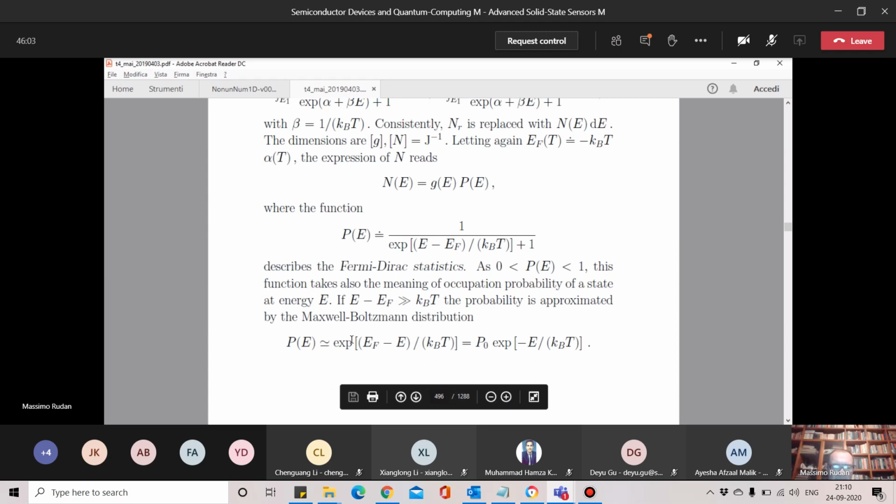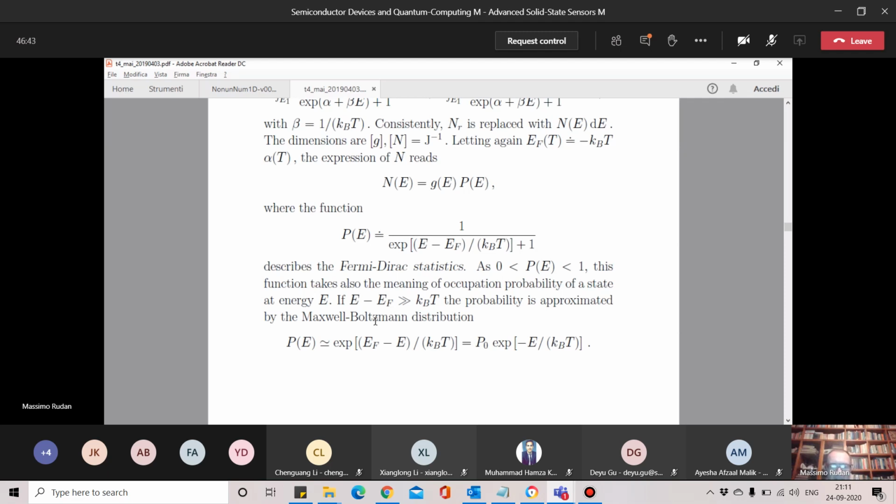You extract the exponential of EF over KT, call it P0, times exponential of minus E over KT. So this is the typical distribution that you apply to the classical particles, and it goes under the name of Maxwell-Boltzmann distribution, okay? It is not a probability anymore because it is positive, but it's not limited between 1 and 0.